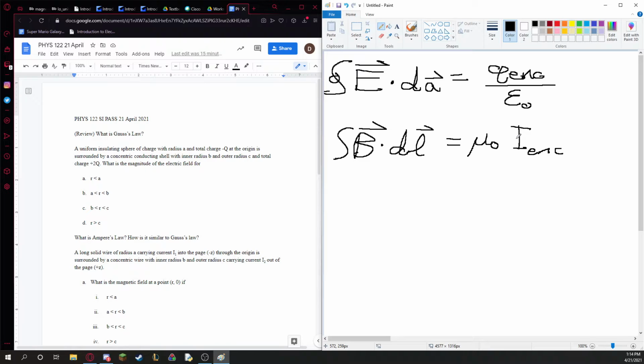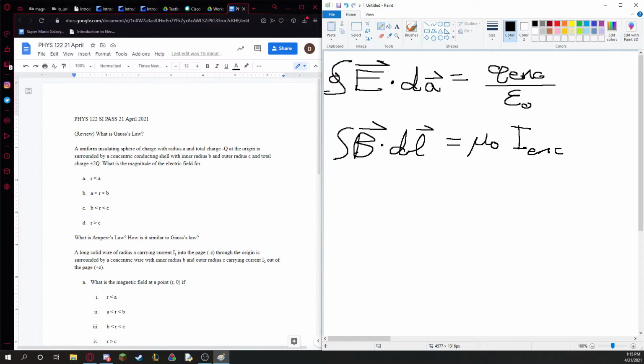Are we able to use Ampere's law similarly to how we would use Gauss's law, where we use it to find magnetic fields? Is that how it works? Because they both use cosine of theta. What do you mean cosine of theta?